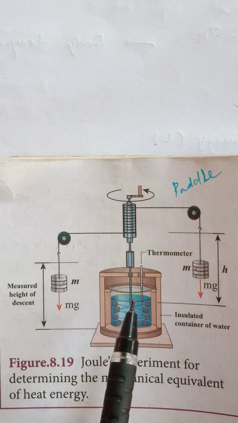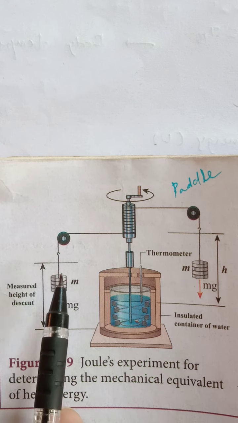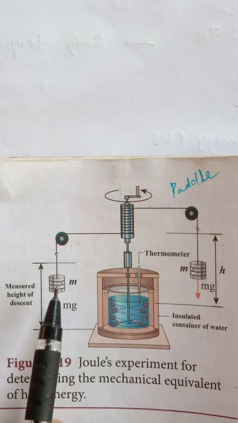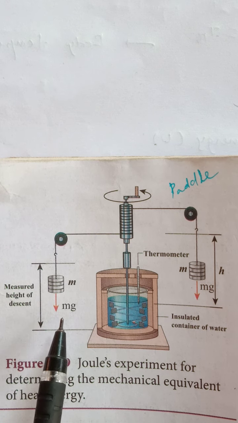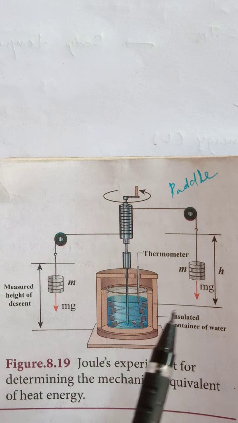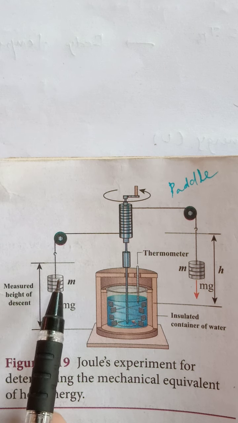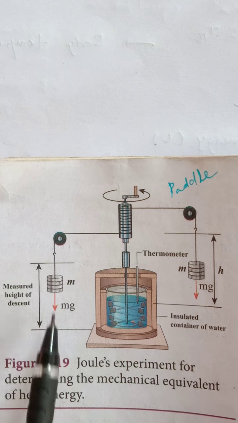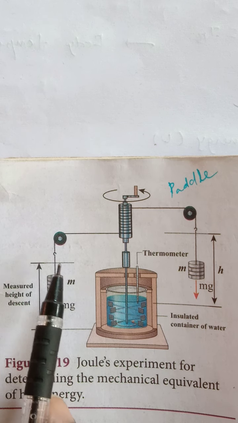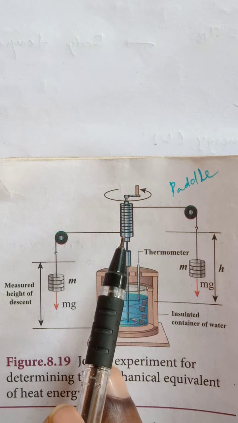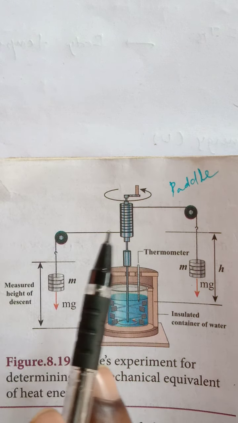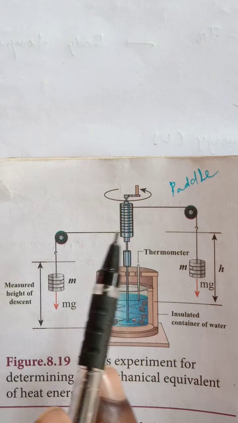When these masses are added, they move downwards with the help of the gravitational force. We write the mass as m, and g is the gravity field acting downwards. The masses are attached with the two pulleys with the paddle. Whenever the masses pull downwards, the paddle will rotate.